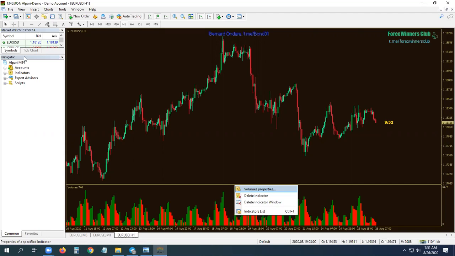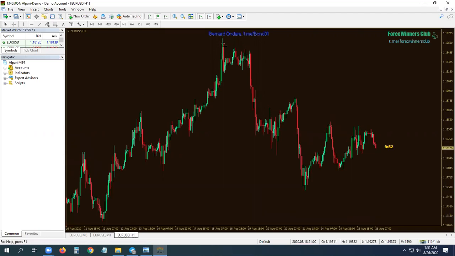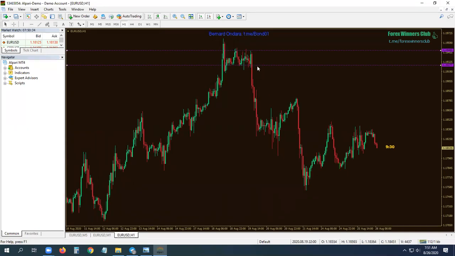Why? Somebody will say that is resistance. Another person will say, no, resistance is here. Someone else will even put this on as support. But someone will understand this is resistance, so that could be a range, so they leave that.